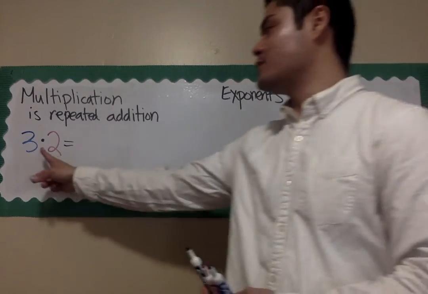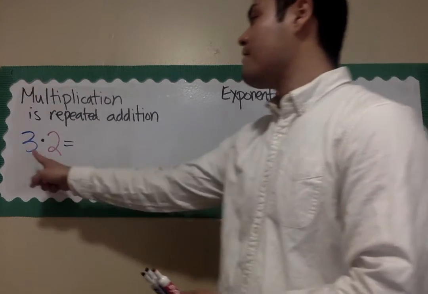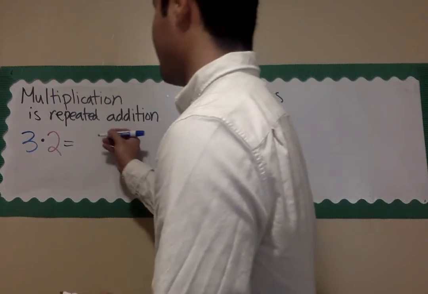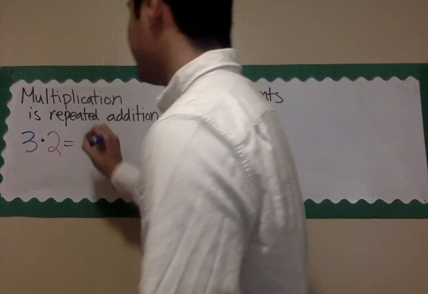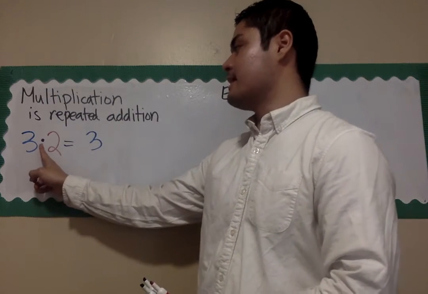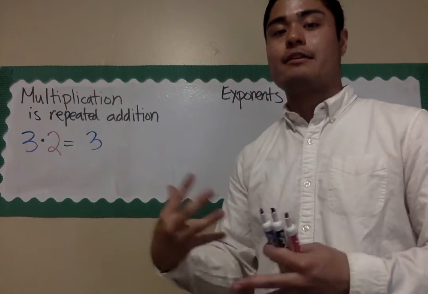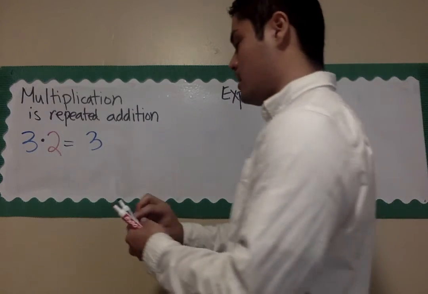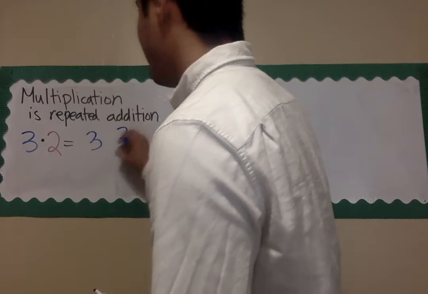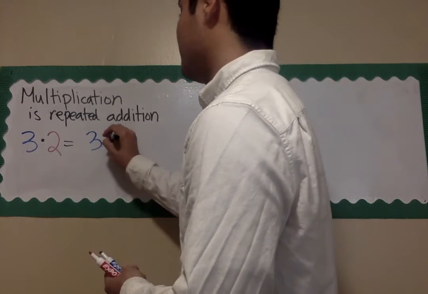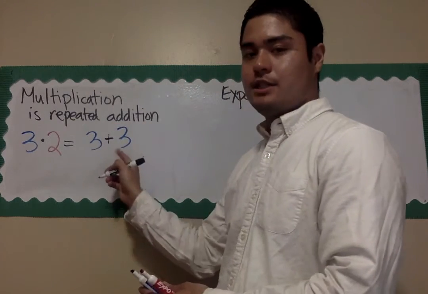And what does this multiplication sign mean? Well, I have a 3, so let's say I take 3, and I'm multiplying it twice. In other words, I'm going to add 3 two times. So I have 3 and 3, and multiplication is repeated addition.